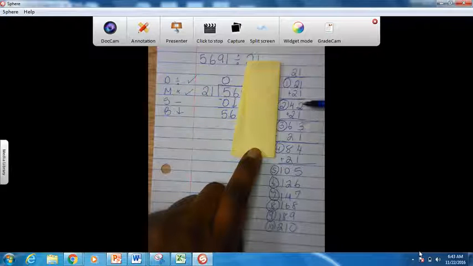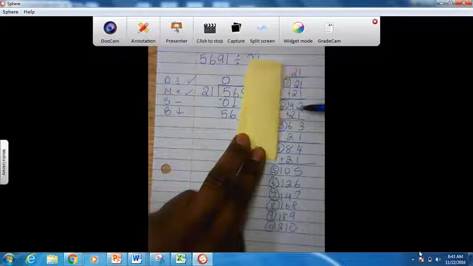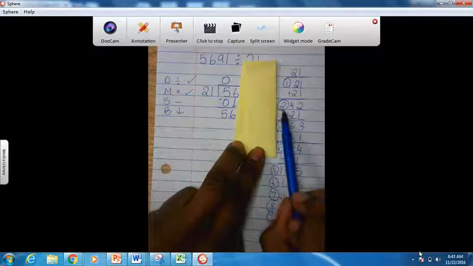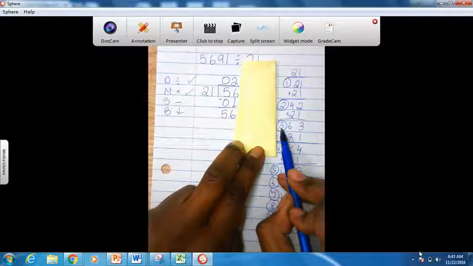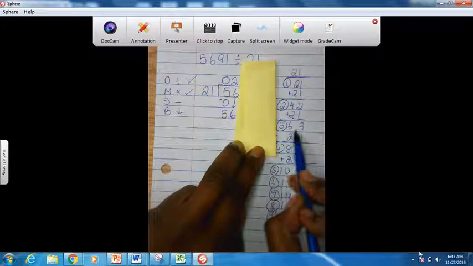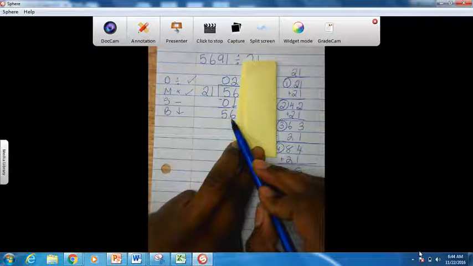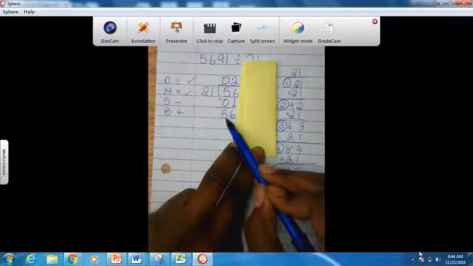So that means 21 will go into 56 2 times. I can't do 3 times because it's going to give me 63 and I only have 56. So 21 divides into 56 twice.